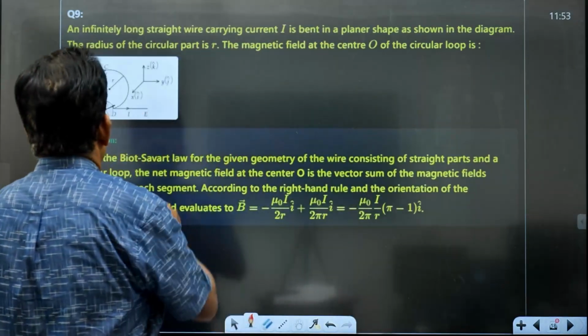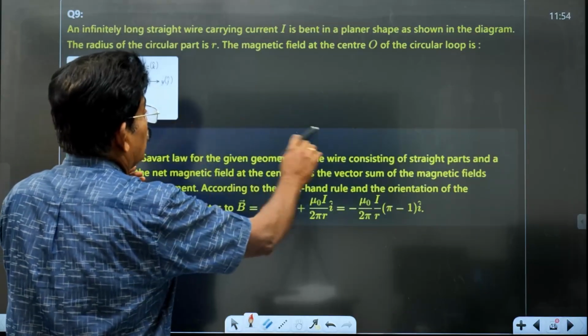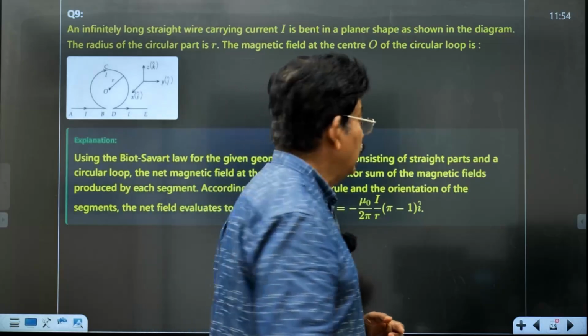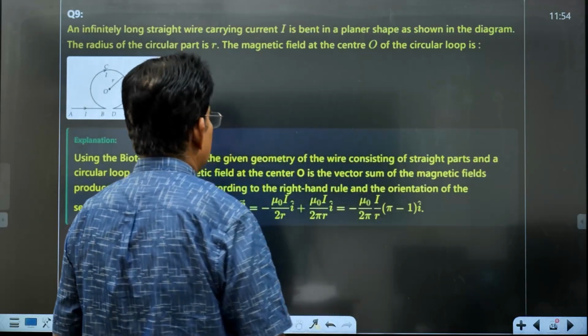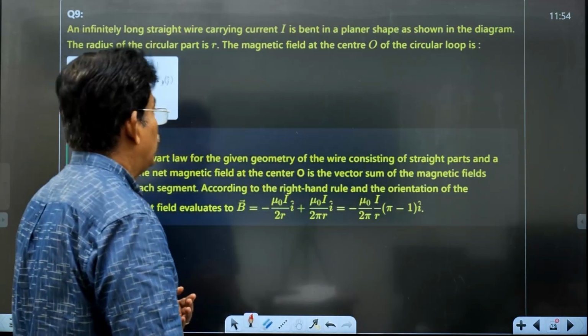Then directions are given. The y-axis and z-axis are in the plane of the loop, and the x-axis is getting out of the plane of the loop.